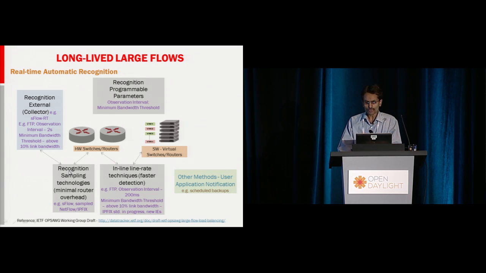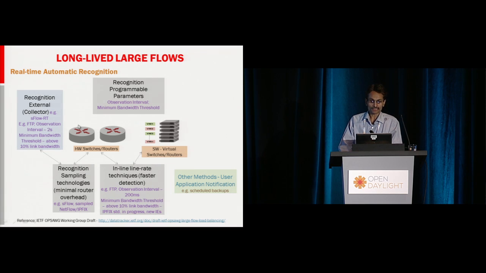Now moving on to sampling technologies, these are really lightweight on the router, because after all you're just sampling 1 in 2,000 or 1 in 10,000. The recognition of these long-lived large flows happens in an external device. For example, sFlow-RT is a popular one where you can do real-time recognition.